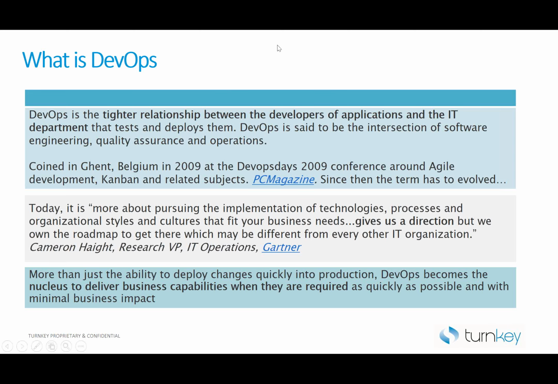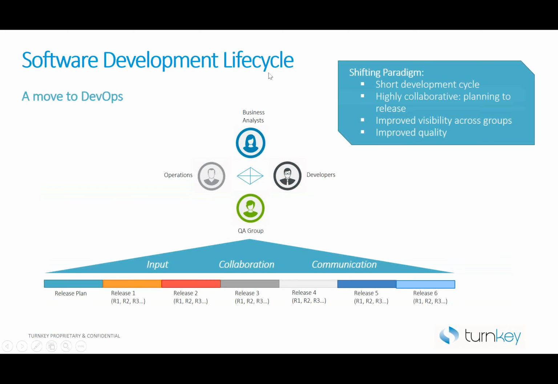Next, teams need to become highly collaborative, breaking down any silos and barriers that will allow BAs, developers, QA, and operations to work together from the early planning stages all the way through to release and support. Then ultimately, giving greater visibility across all teams to the requirements and business process logic to be implemented. And most importantly, fostering improved quality throughout the SDLC process by engaging all teams, especially QA, earlier in the process.